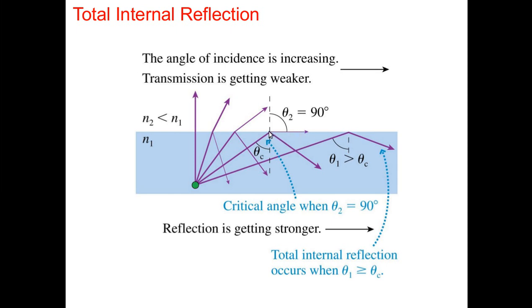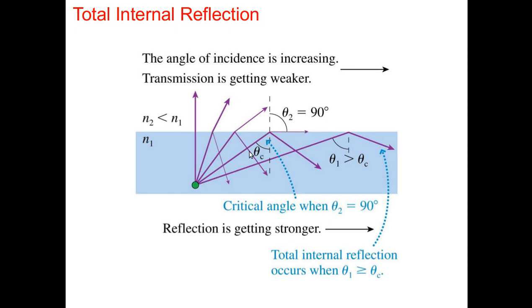So that means your beam, in theory, would travel along the edge of this medium. Now we're going from a high index of refraction to a low index of refraction. So think about a beam traveling through a glass prism and then exiting and entering into air or water or something like that. But there's a case where the incident angle is sufficiently large that the refracted angle is 90 degrees.